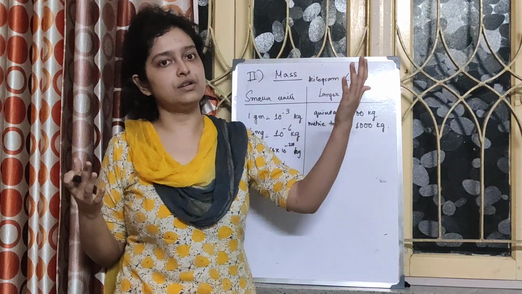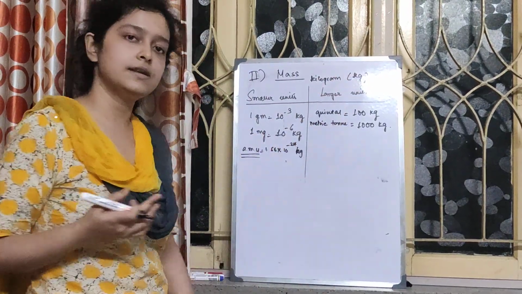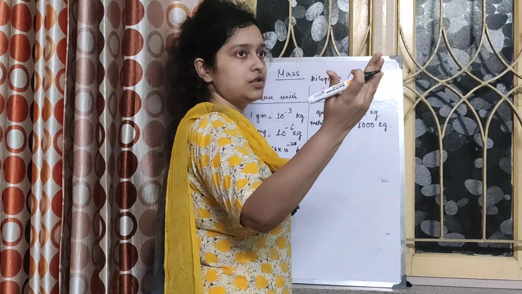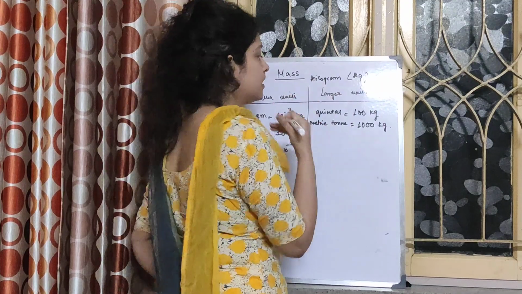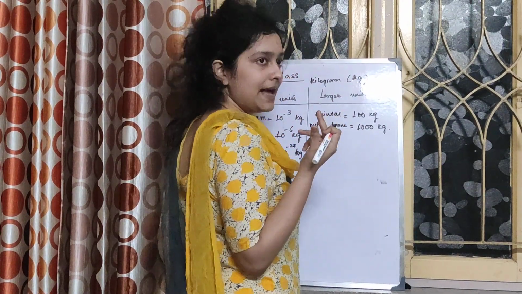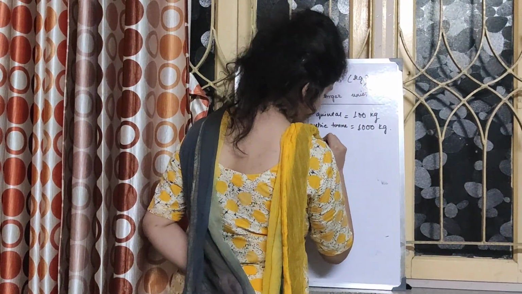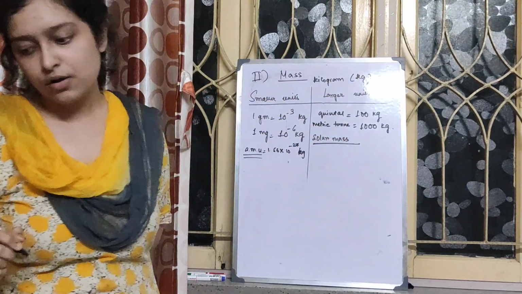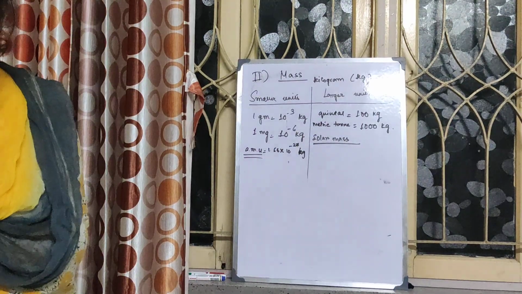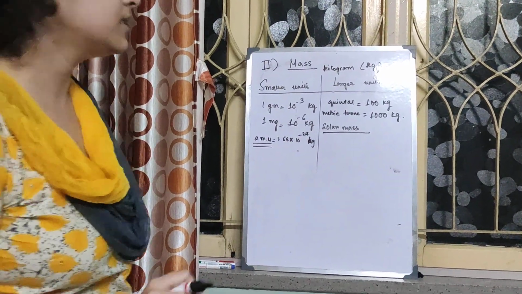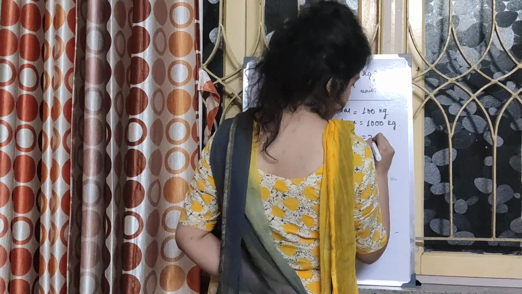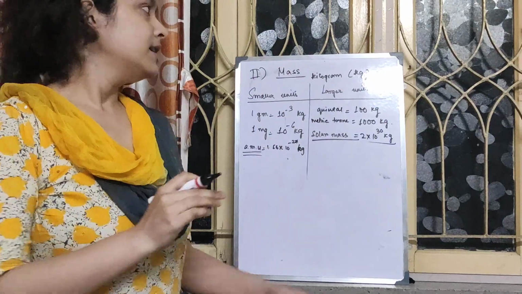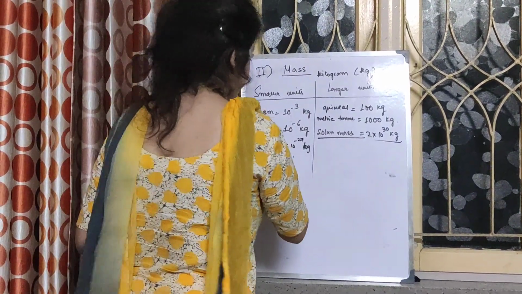We need an even larger unit for measuring the mass of the sun, because the value will be very large. So we need an even larger unit for the mass of, say, planets, known as solar mass. It also has a value in kg. One solar mass is 2 into 10 to the power 30 kg. Okay, so this was all about mass.